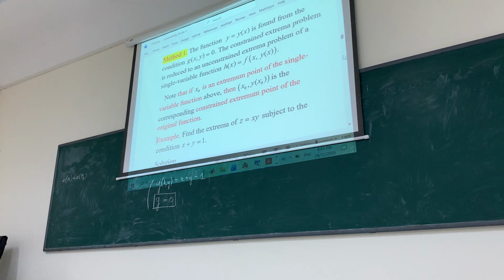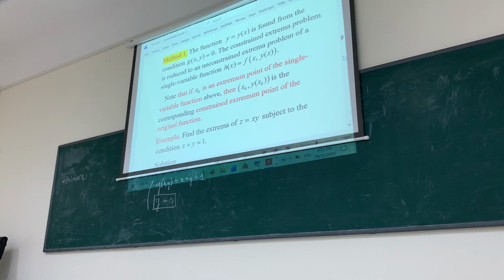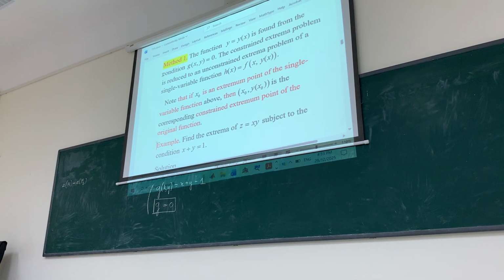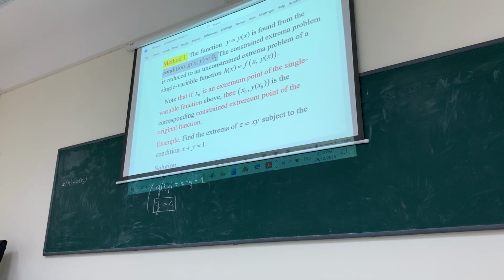Now, you want to apply method 1 to the example and find the constrained extrema. How to do that? I think first, from this condition, we need to express y as a function of x. Okay?